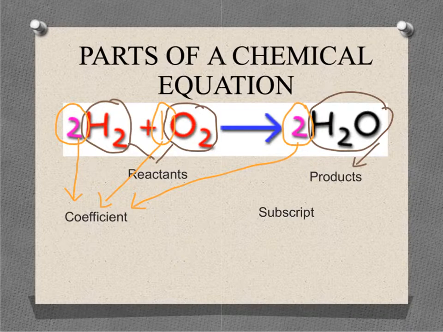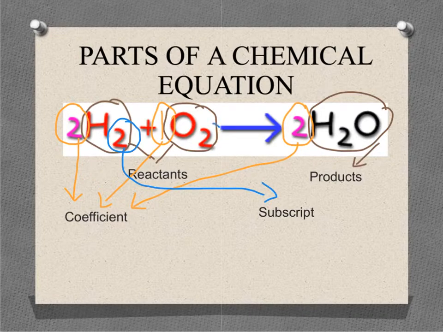So each compound is made up of elements, and there's a number next to each element that tells you how many atoms of each element there are. So for example, for hydrogen, you have 2 hydrogen. So that's the subscript.